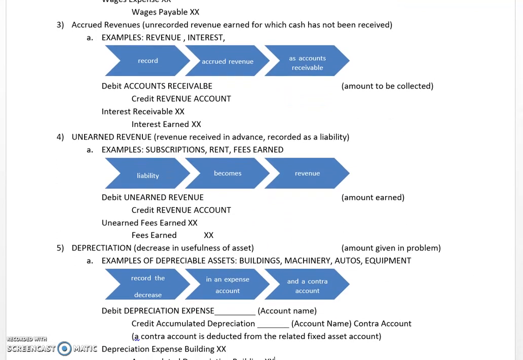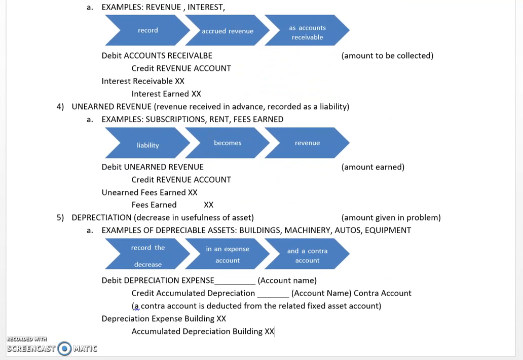And finally, the last area of adjusting entries is for depreciation, and that's a decrease in the usefulness of the asset. So when you think about long-term assets, we're talking about buildings, machinery, automobiles, trucks, all of those. You pay X amount of dollars for them, and then you know that they depreciate, but what you're doing is spreading the cost of the item over the life of the item.